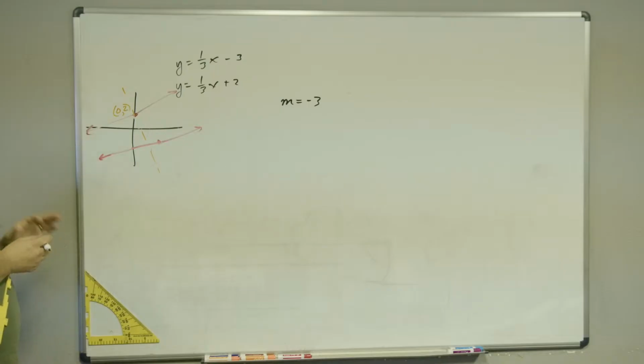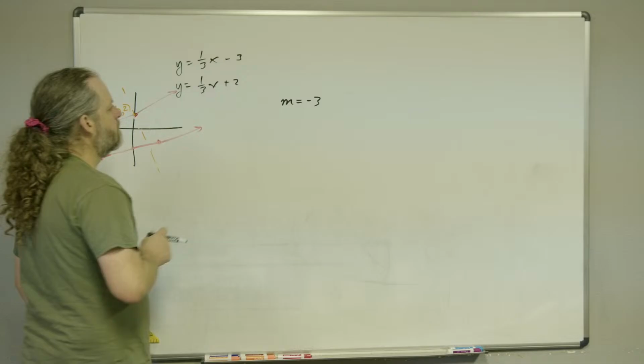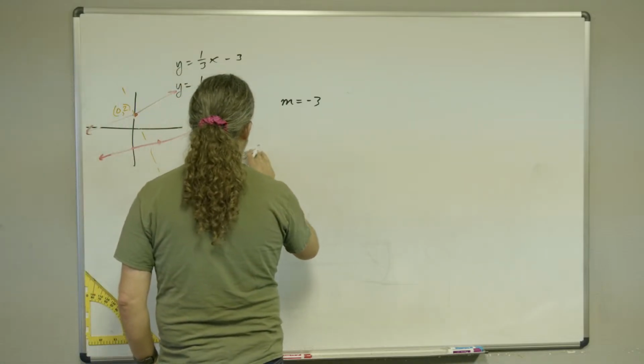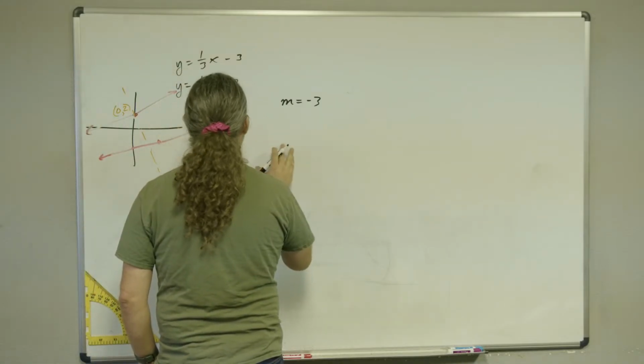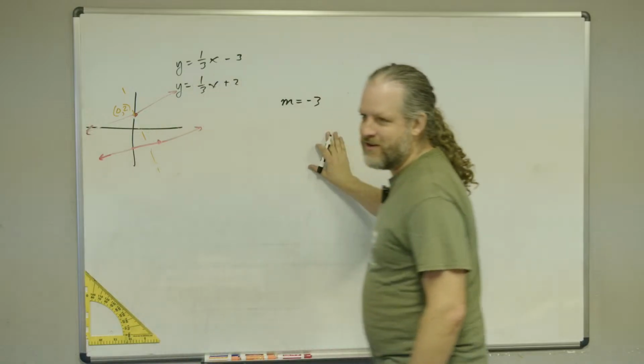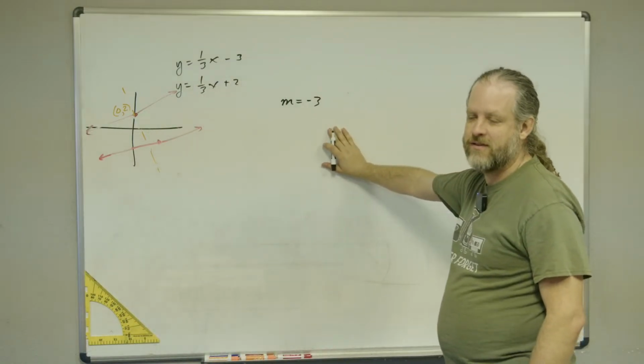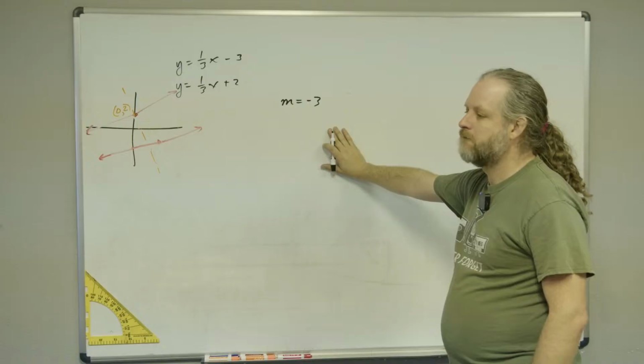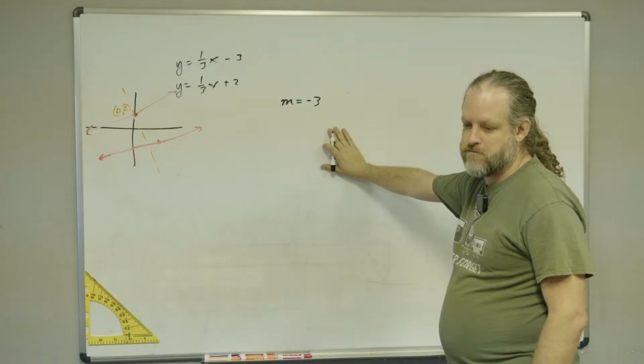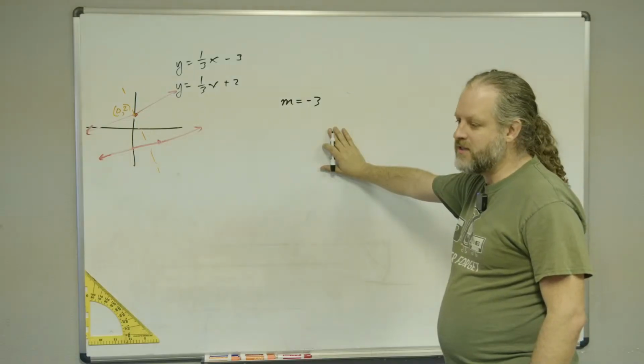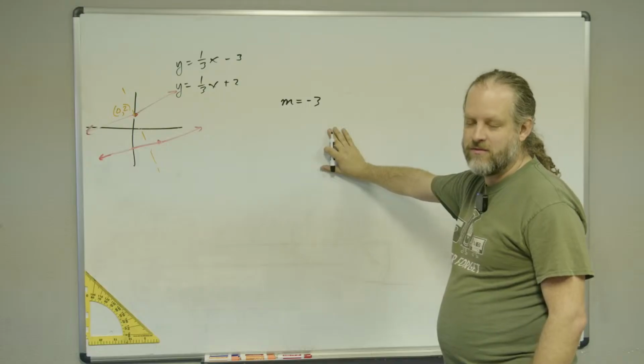Substitute the -3 in somewhere. That's true. And where? The slope of what? What equation are we using here? What is the equation for a line that we know?